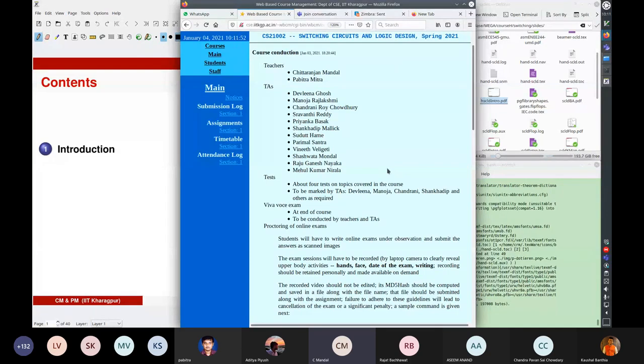So maybe each set will have about 10 problems, let us say. So what you'd expect is that each member of the group will take the responsibility of working out each distinct problem, and you should discuss among yourselves.